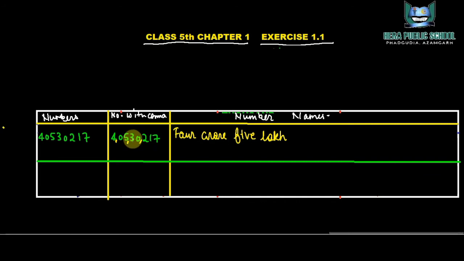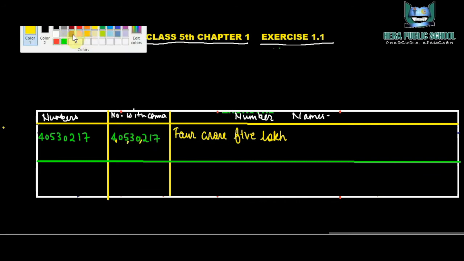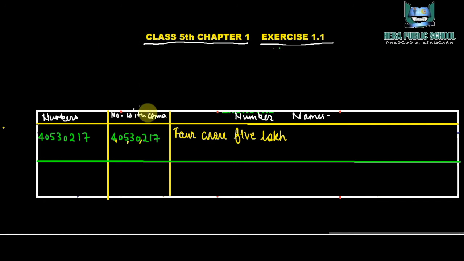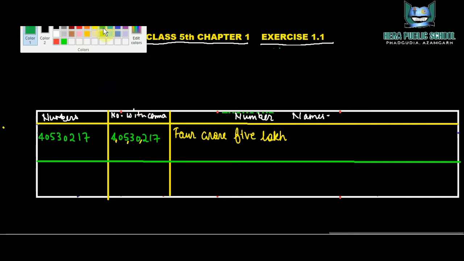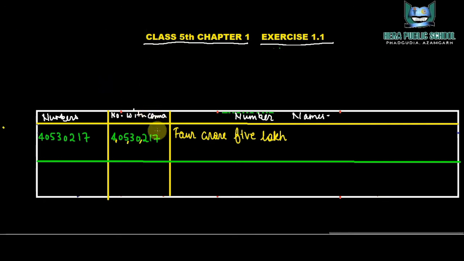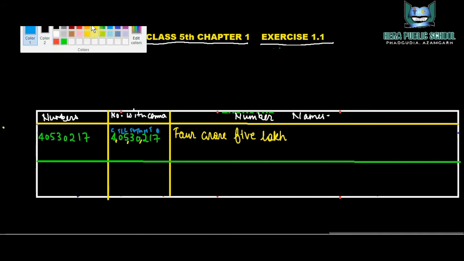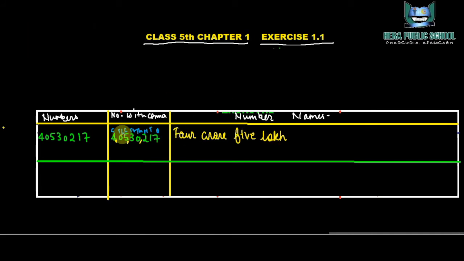If you write ones, tens, hundred, thousand, 10,000, lakh, 10 lakh, crore. Okay, so 5 lakh. 3 is in the 10,000 place. So 3 10,000 means 30,000.